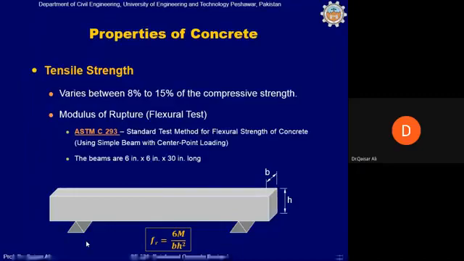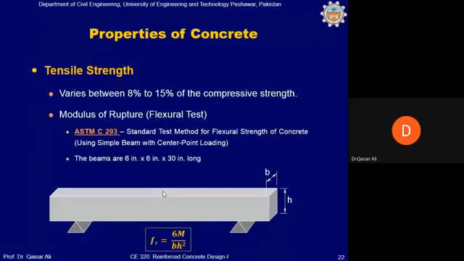Okay, this is Fr equals 6M divided by BH squared. M is the bending moment at the center point, because if there is a point load at the center, the maximum bending moment will occur at this location. So the maximum bending moment can be calculated when you test the sample, and mind that this is made of plain concrete, not reinforced concrete, only concrete without reinforcing bar.